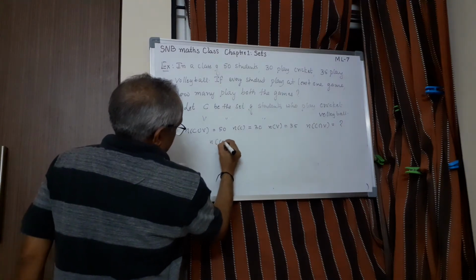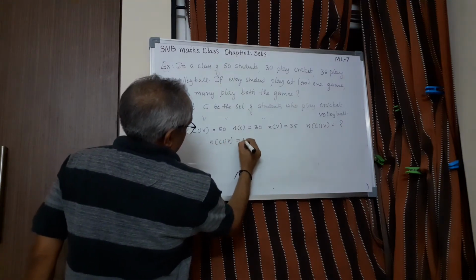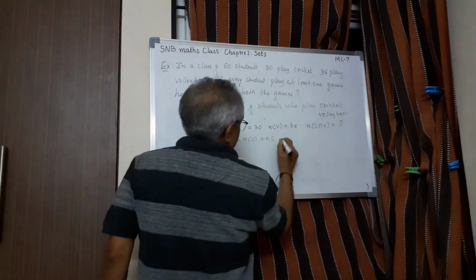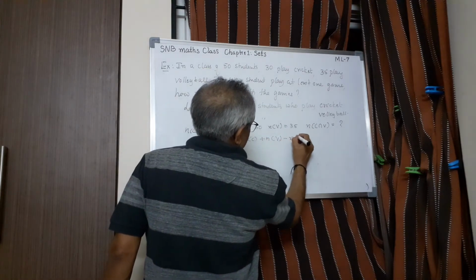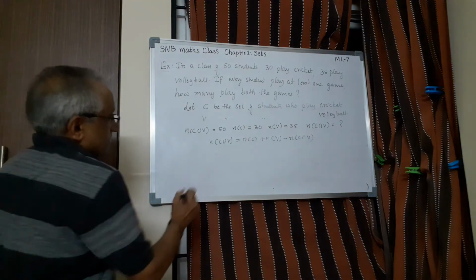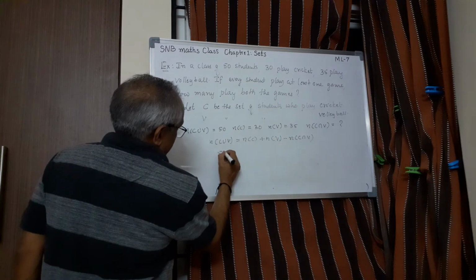Now use the formula. Number of C union V equal to number of C plus number of V minus number of C intersection V. So this you substitute. This is 50.